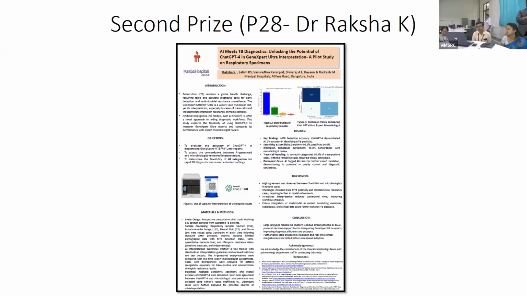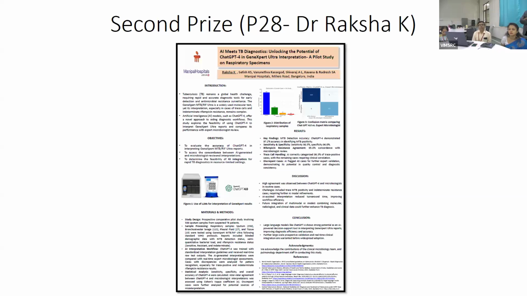It is artificial intelligence meets TB diagnostics, unlocking the potential of the ChatGPT 4 version in GeneXpert Ultra interpretation. And the specimens were all respiratory specimens, so it was focusing on pulmonary TB. An interesting part of this is that it is an evolving study.